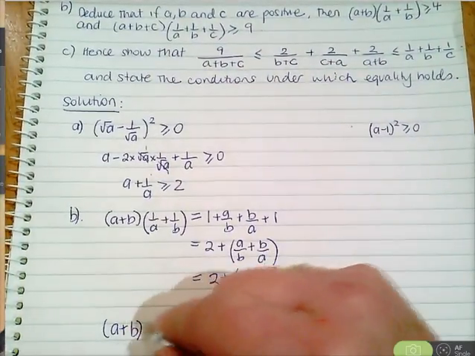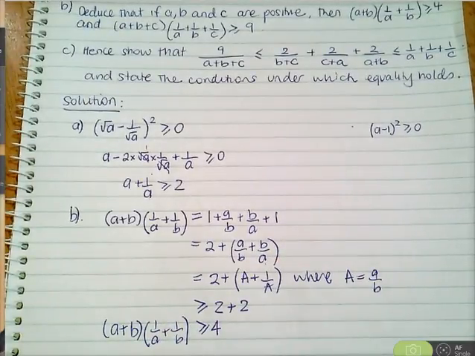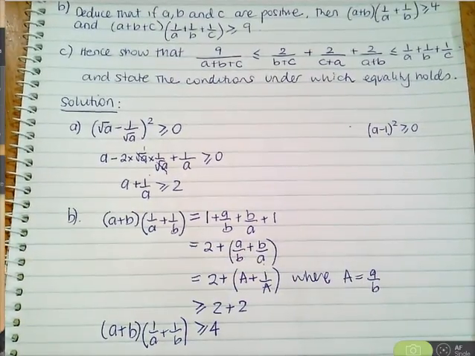So therefore your expression A plus B times 1 on A plus 1 on B is clearly greater than or equal to 4. So that just shows another way of doing this question as well, slightly different to what I did in example 1.